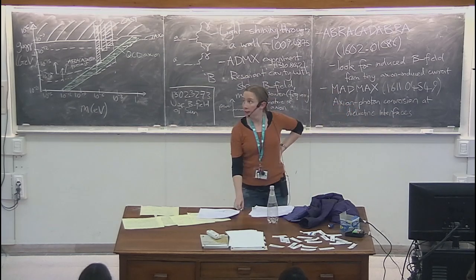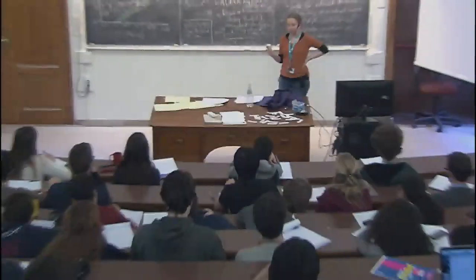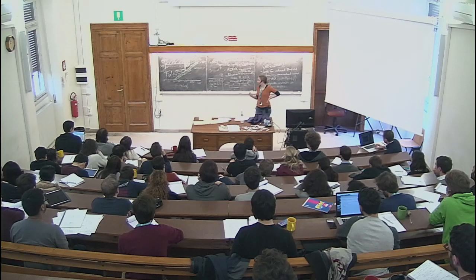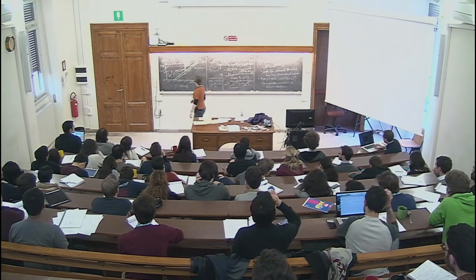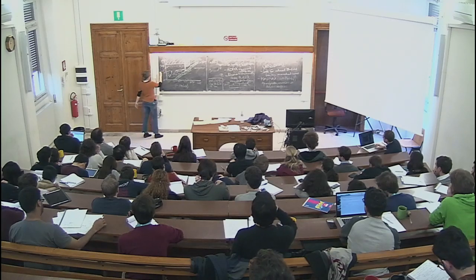Okay. So today ended up being basically 100% axions, and I didn't get to talk about direct detection of thermal dark matter. So the remaining two lectures are going to be pretty much 100% WIMPs and the thermal regime.